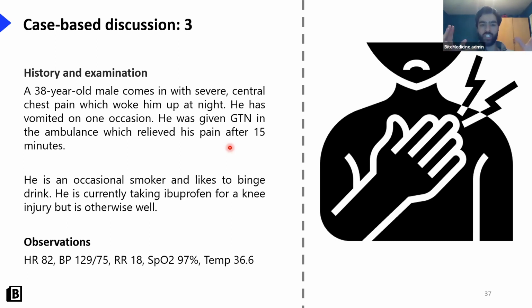In non-heart problems, like esophageal problems, GTN takes longer to work. So GTN should provide almost immediate relief if this is ischemic heart problem, like an MI or angina. In esophageal problems, it takes longer, okay, and that's really important. So that's a nice little clue in the history that this is an esophageal problem and not a heart problem.